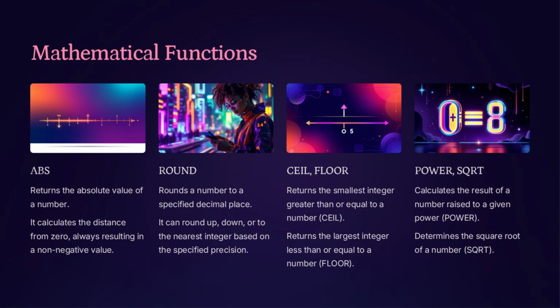Ceil and floor return the smallest integer greater than or equal to a number, or the largest integer less than or equal to a number, respectively. Power calculates the result of a number raised to a given power, while sqrt determines the square root of a number. These functions provide precise control over numerical values and are essential for many mathematical and scientific applications.